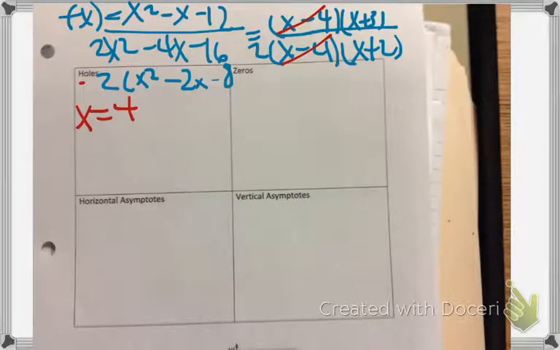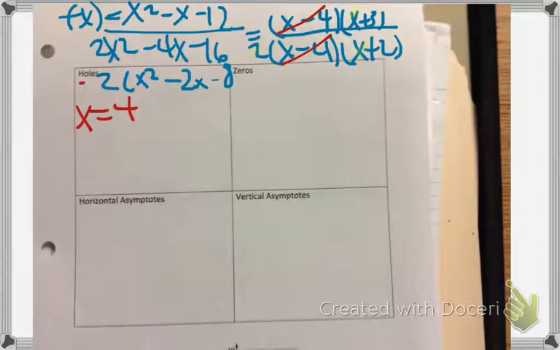So we're going to take our x equal to 4 and sub it back in to the x plus 3 over x plus 2 because that's what we have left. So we're going to sub it in for those x's. Now, we do still have the 2 down here, so we have to consider that as well.